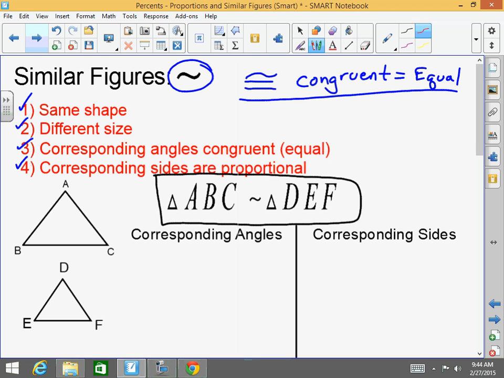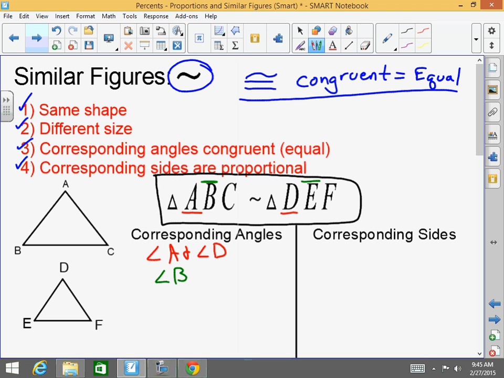So let's first go over the corresponding angles. The first letter is my first angle of the first triangle. That corresponds to my first letter of the second triangle. So angle A and angle D are corresponding. My second letter of the first triangle and my second letter of the second triangle are the next corresponding angles.